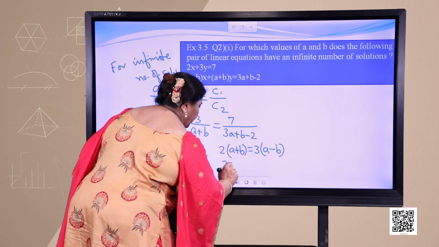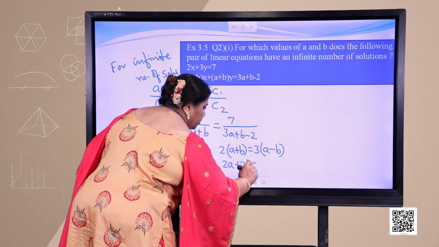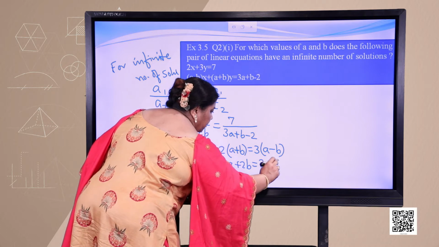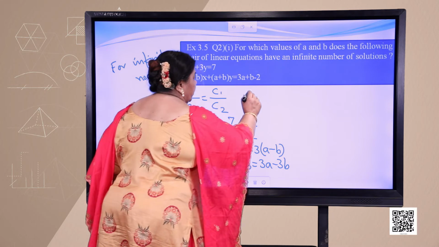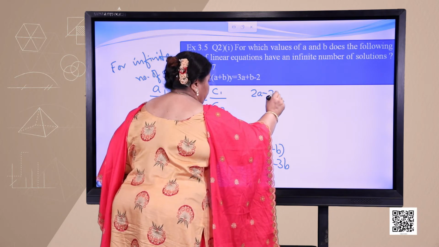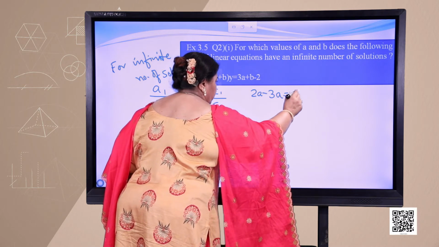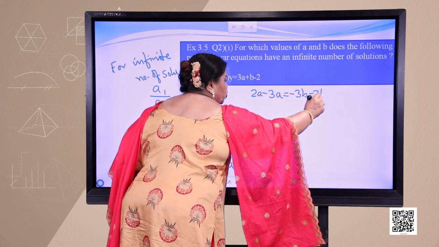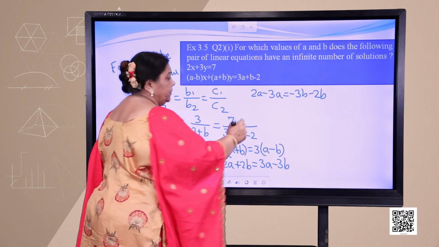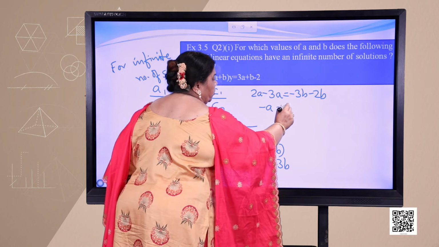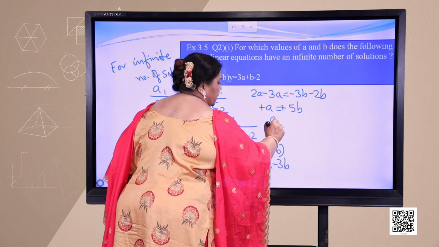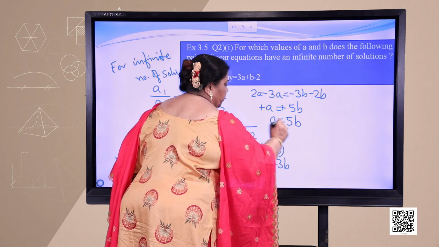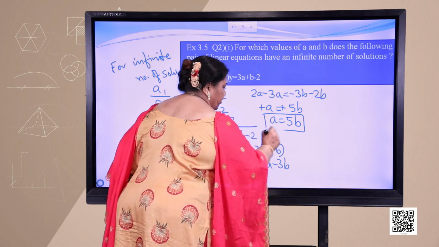So, 2a plus 2b is equal to 3a minus 3b. Collecting like terms, it is 2a minus 3a is equal to minus 3b minus 2b. What do I get? Minus a is equal to minus 5b, minus becomes plus. So, I get a relation between a and b, that is a is equal to 5b.